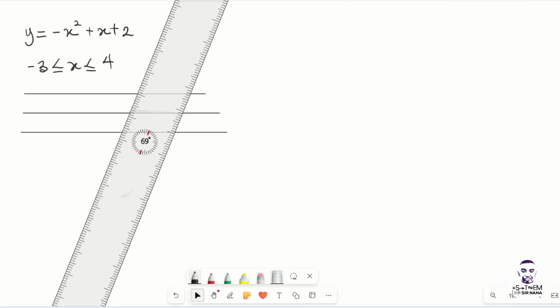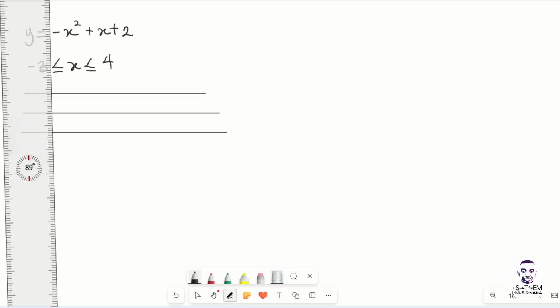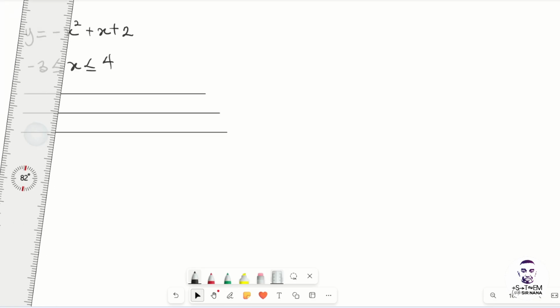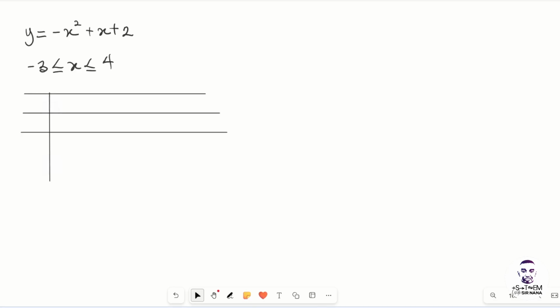So we are just going to have a small table. Okay, so we have this table. So we are going to have our x values. We know that our x values are in the interval from negative 3.